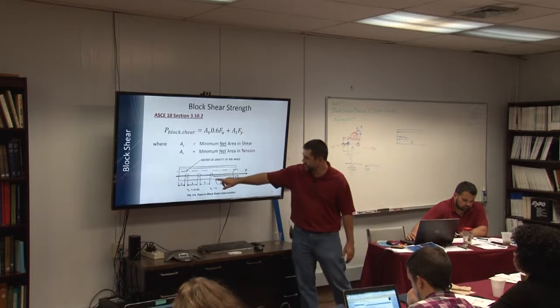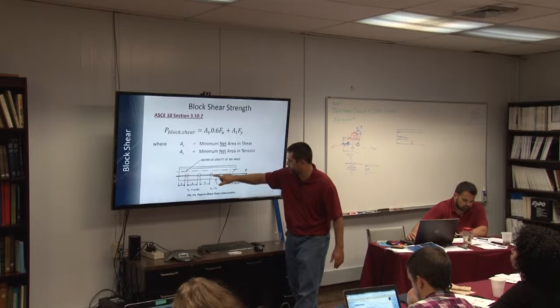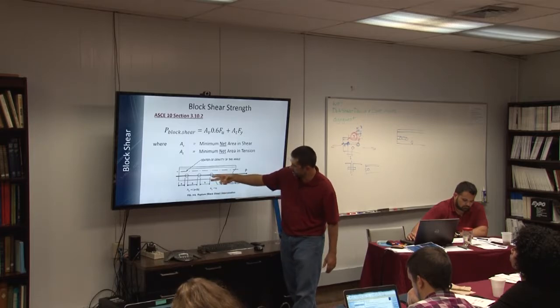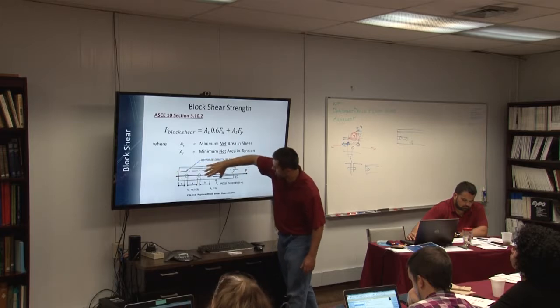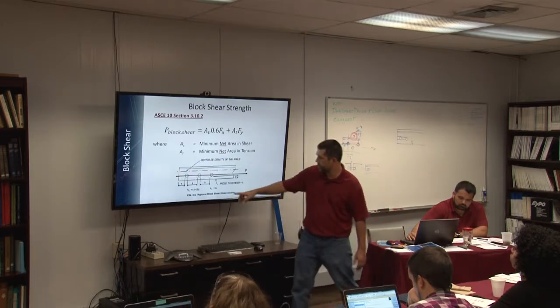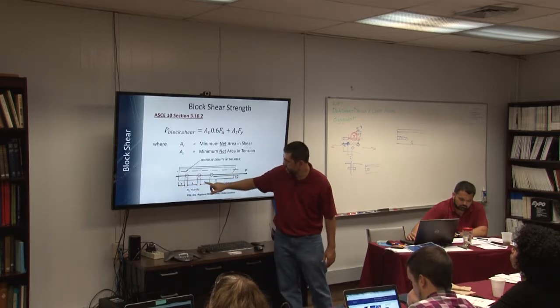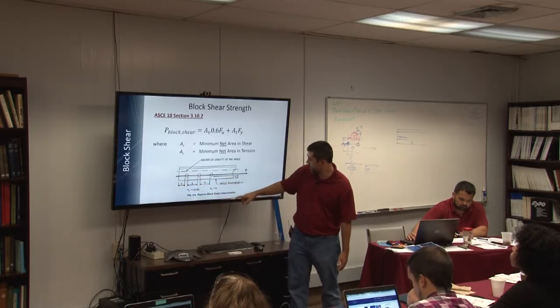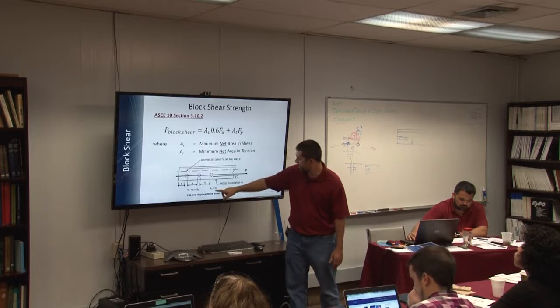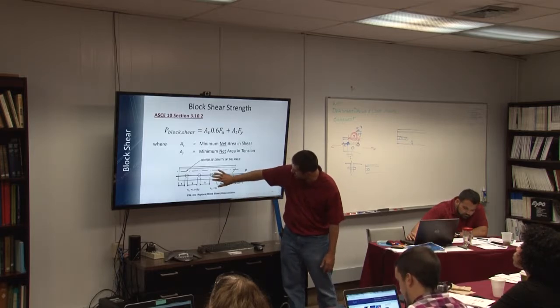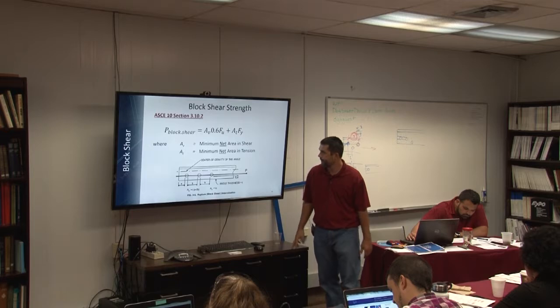So the idea is that if I looked at this as the block shear plane here, I'm going to have a yielding failure on this area and a shear rupture along this area. So my shear area is A plus 2B times the thickness, and the tension area is this C value times the thickness.